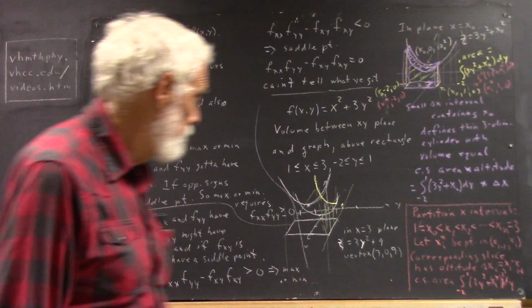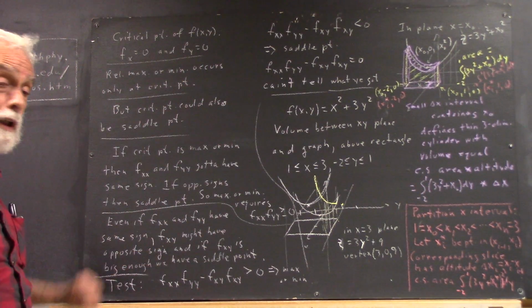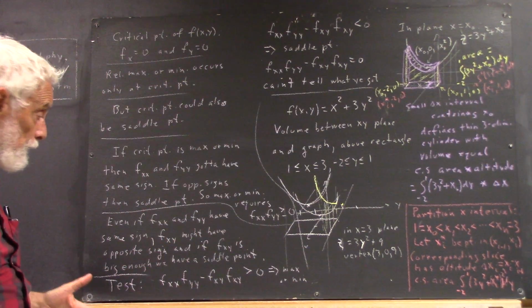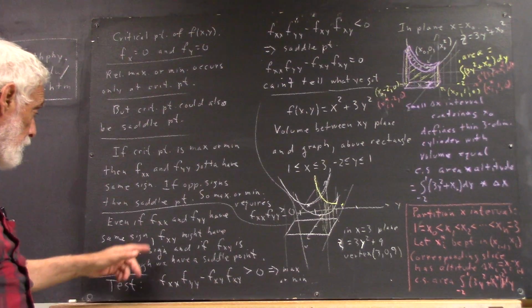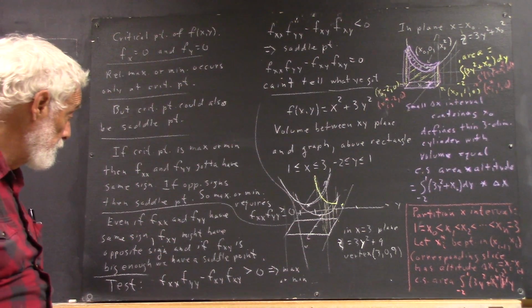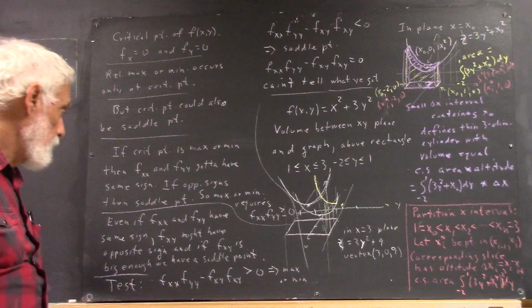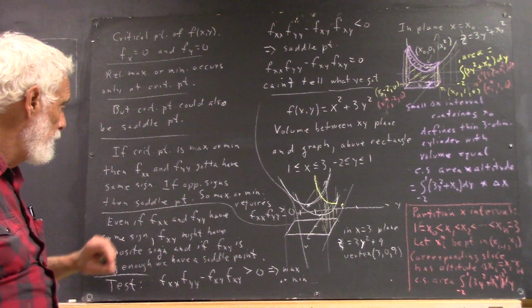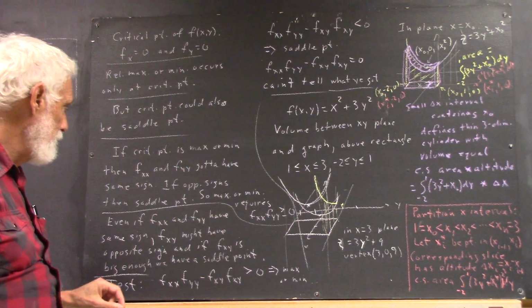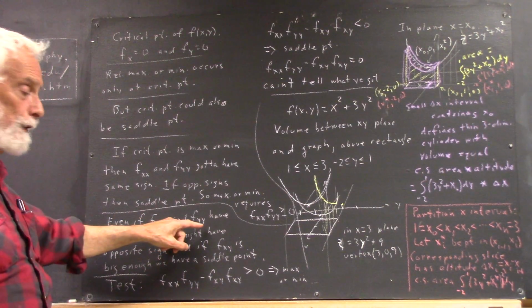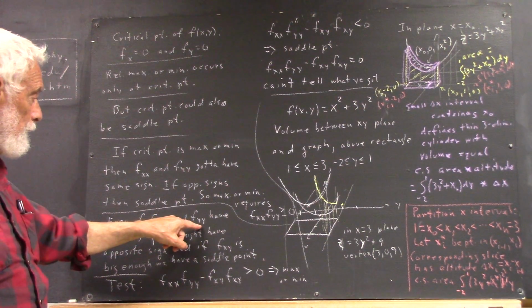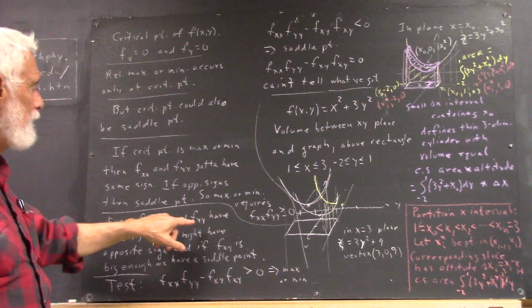So what we do is we do fxy, which checks the rate of change in a combination of the x and y directions. Okay? And fxy might have the sign opposite to fxx and fyy.